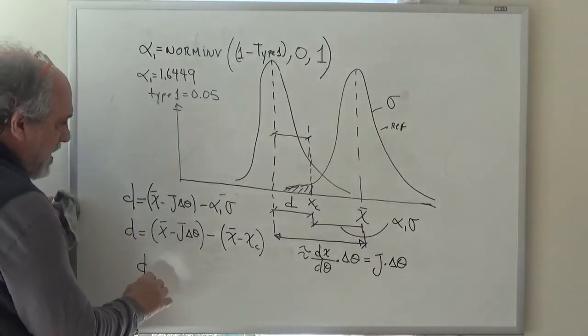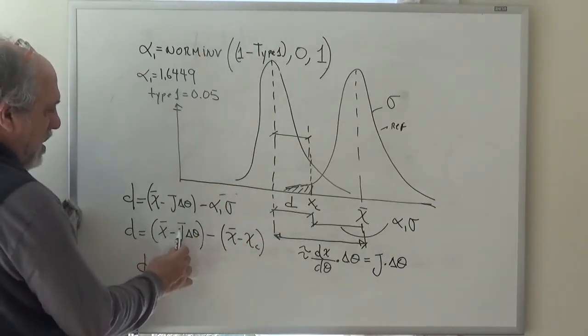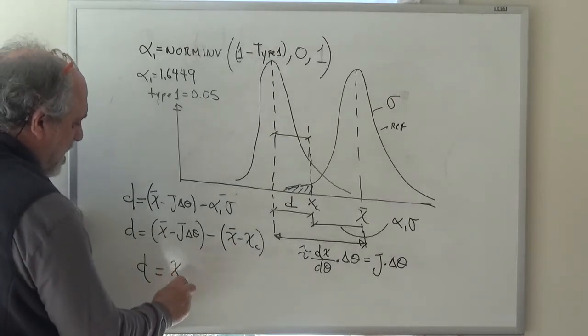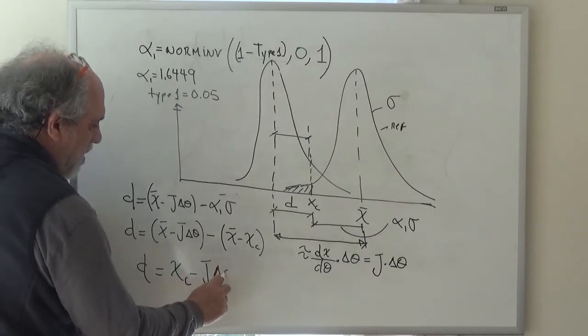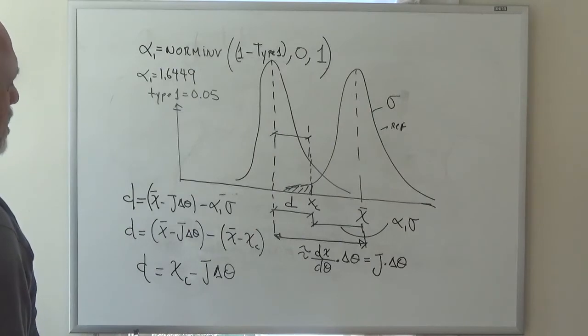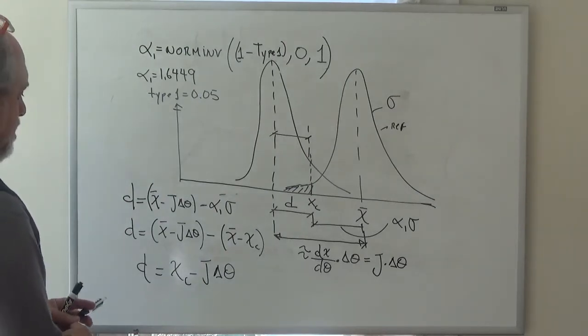Therefore, we find that the distance d shown in the graph, the x bars cancel, and it's equal to xc minus j delta theta, right? Okay. Now, let me see, xc minus j delta theta.